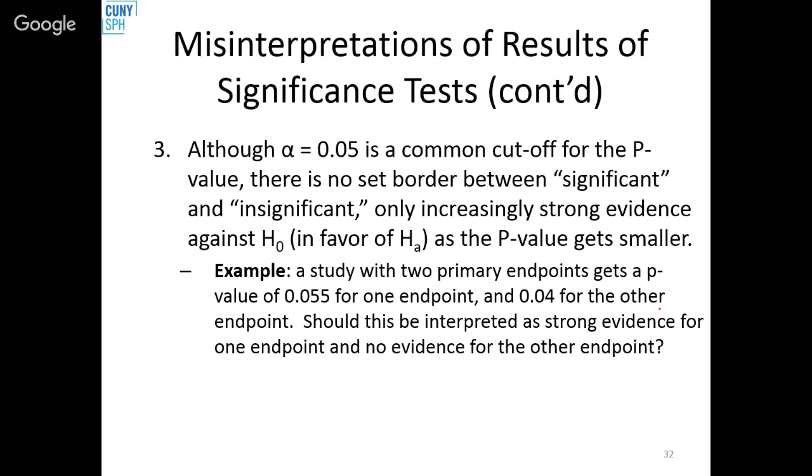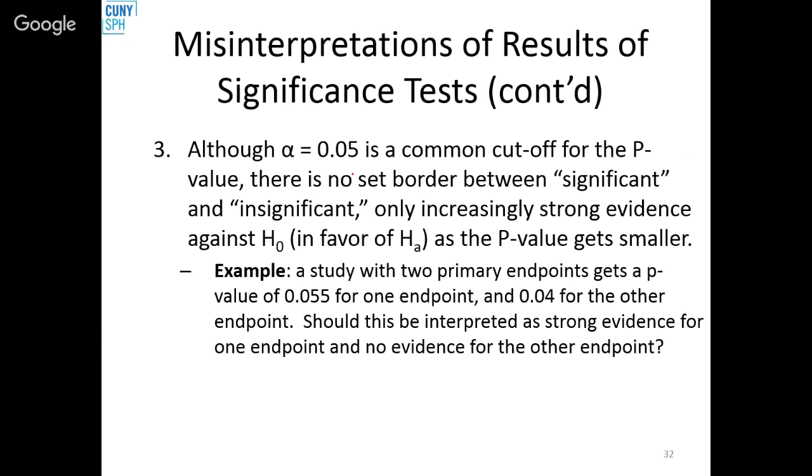So for example, one case where this could come up is if you have 2 primary endpoints, or a primary and a secondary endpoint in a study. For one of them, you get a p-value of 0.055, and the other one a p-value of 0.04. You should not interpret that as strong evidence for one endpoint and no evidence for the other one.